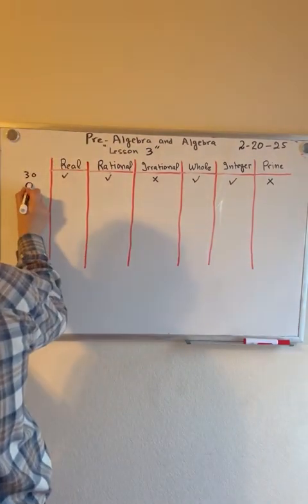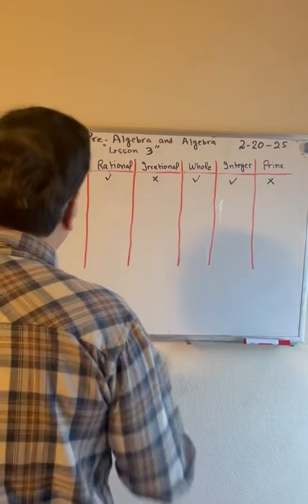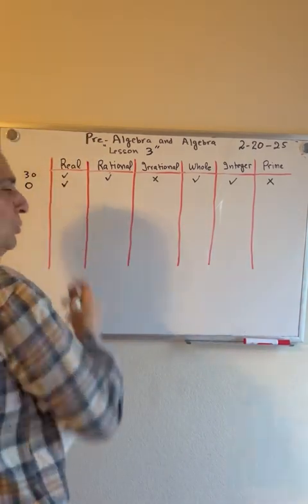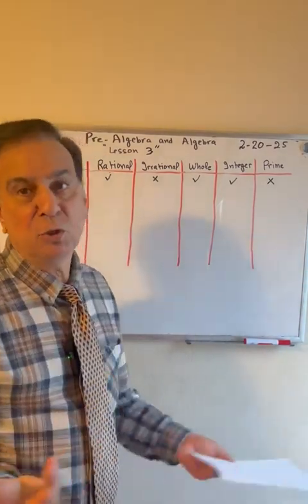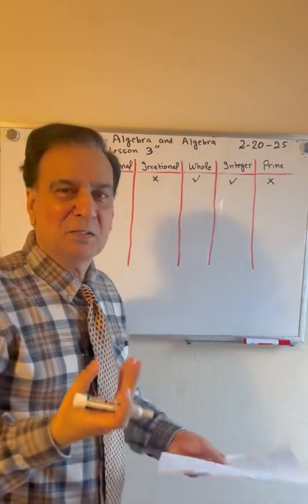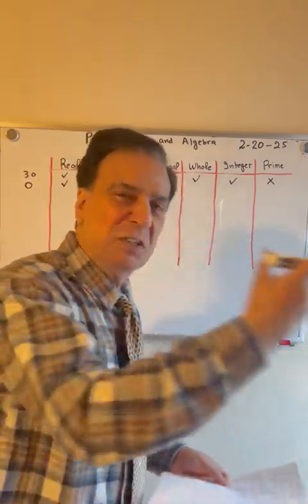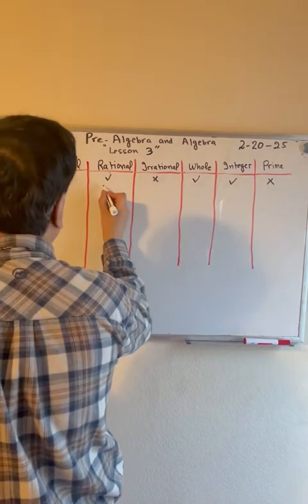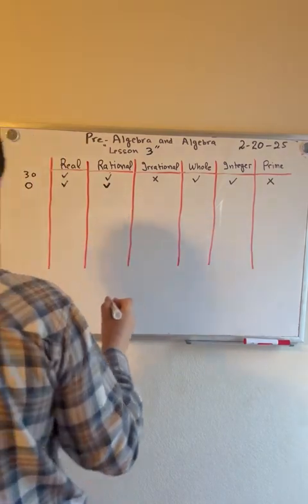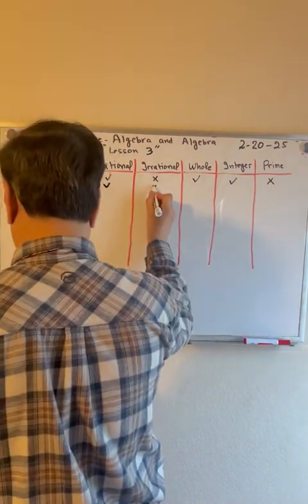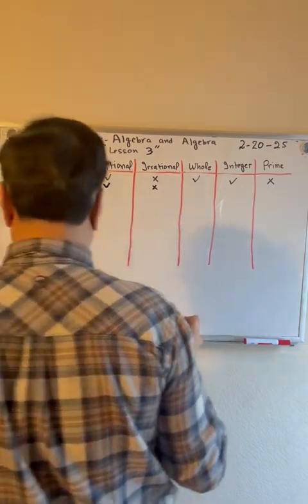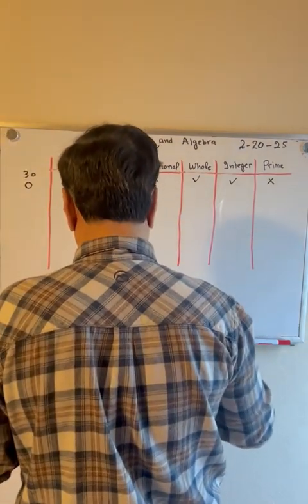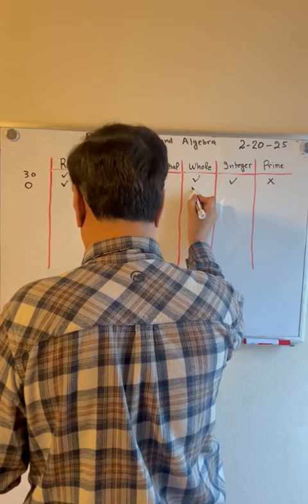And the next number, 0. Is 0 a real number? Yes, it is, because you can say, hey, I have $0, so it is something which touches reality. Is it a rational number? Yes, it is. Is it an irrational number? No, it's not. Is 0 a whole number? Yes, it does qualify as a whole number.